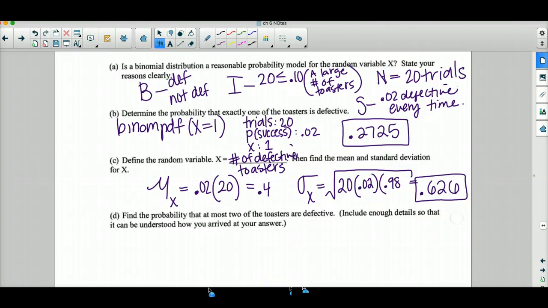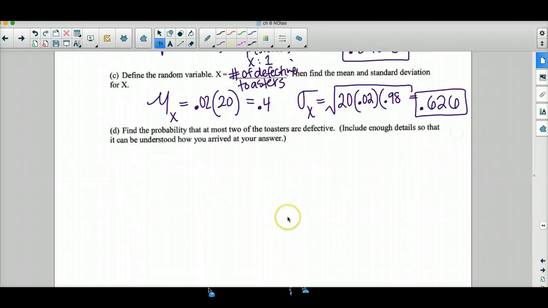And find the probability that at most 2 of the toasters are defective.